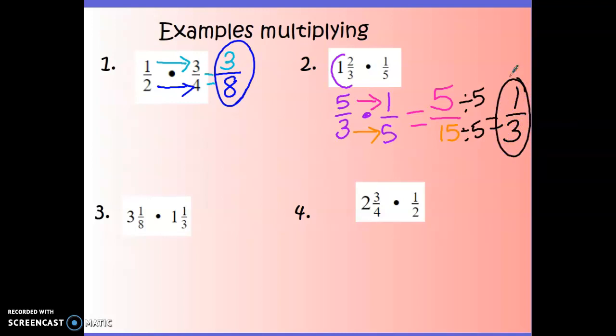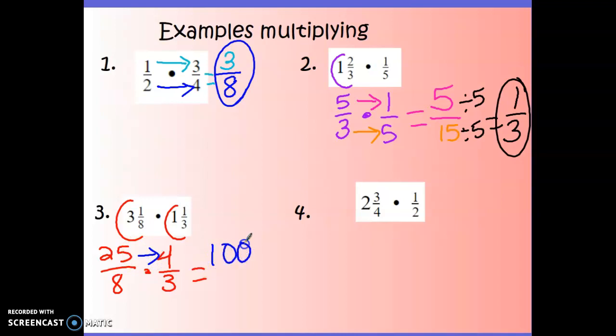Okay, my next problem, 3 1/8 times 1 1/3. Convert to improper fractions. So 3 1/8 becomes 25/8. 1 1/3 is 4/3. Then I multiply numerator times numerator, which gives me 100.